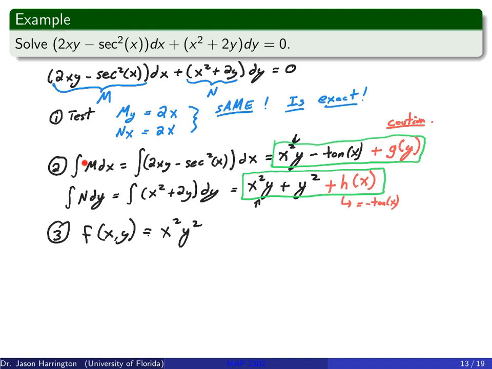Because this tells me that I have to have negative tangent of x. And then this one says, hey, I have this function, I can make it whatever I want. So I'm also going to make it negative tangent of x, so now these two guys will match up. So now I'm going to have minus tangent of x.